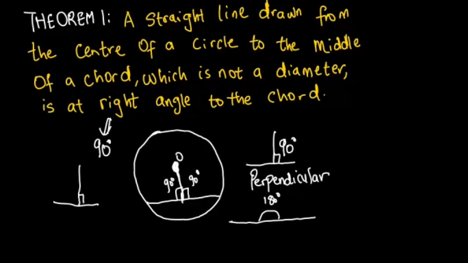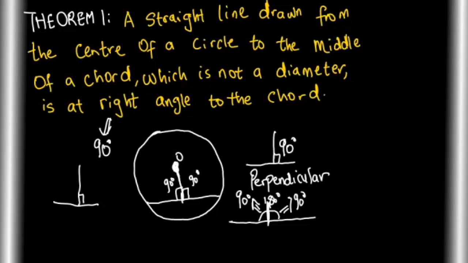So in this case, this line from the center gives one side as 90 degrees and the other side as 90 degrees. So in essence, our first theorem is that a straight line which runs from the center of the circle to the midpoint of a chord, but note a chord is not a diameter, is at right angle to that chord.